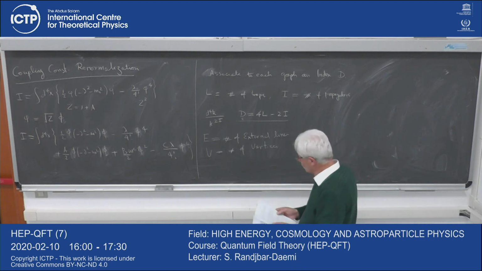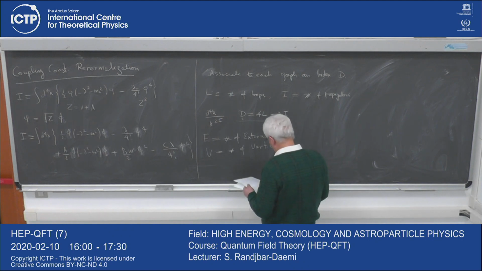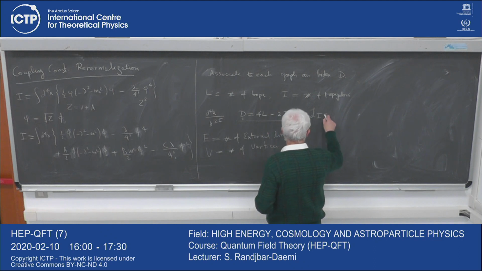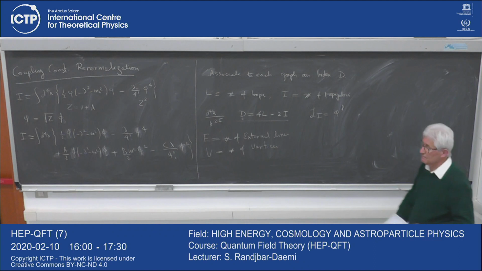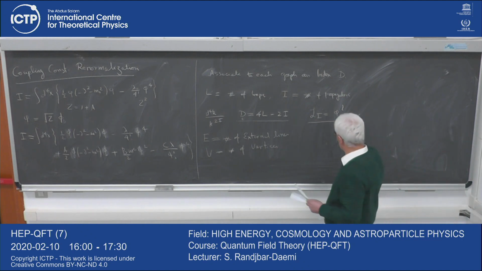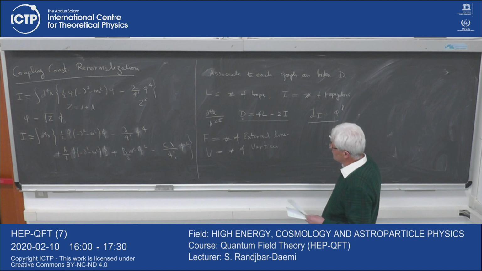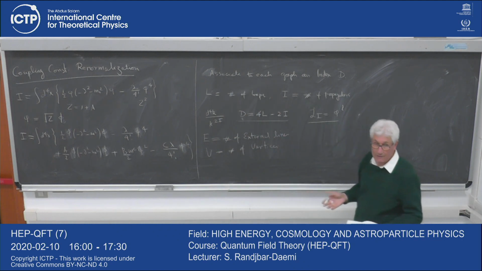But for the time being, let's assume that we have an interaction Lagrangian with phi to the power L. And I'll take L to be an integer, a positive integer actually. Okay, so we start from a model with such kind of interaction Lagrangian in 4 dimensions, and these are the parameters which characterize every graph.